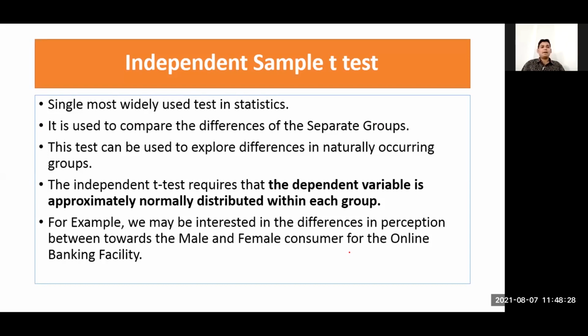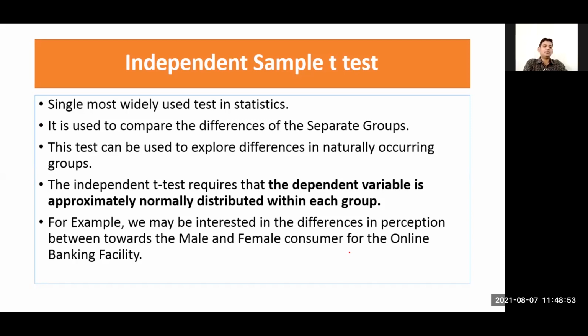What is the independent sample t-test? It is the most widely used test in statistics. The t-statistic is used more in social science research when your data proves the normality. Although it is a hard fact that in social science it is very difficult to prove your data is normally distributed.